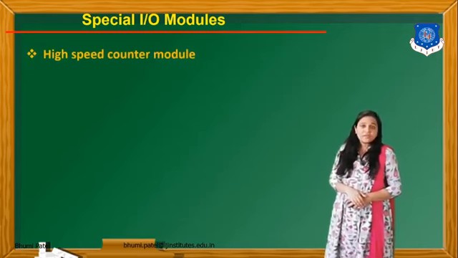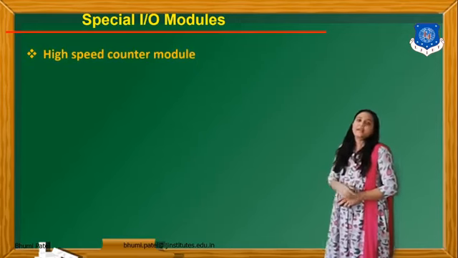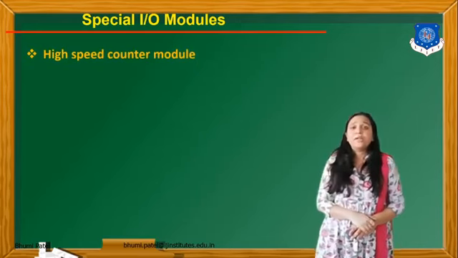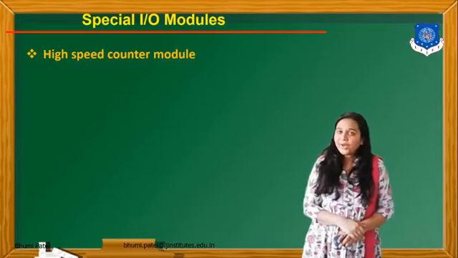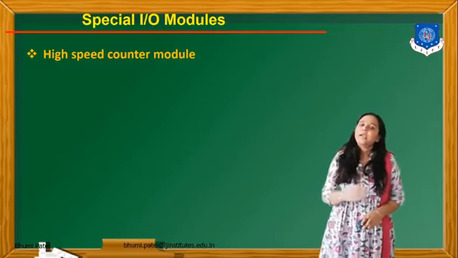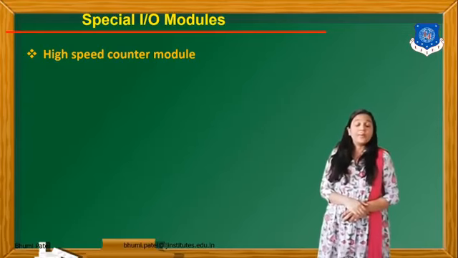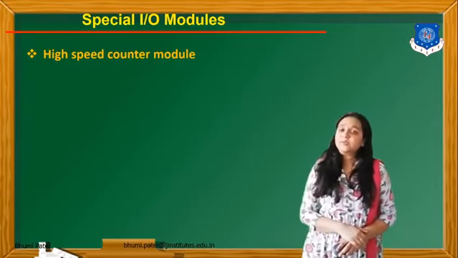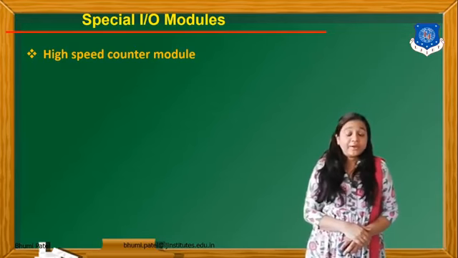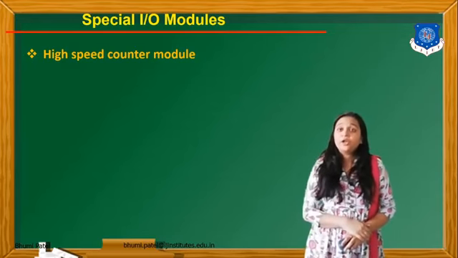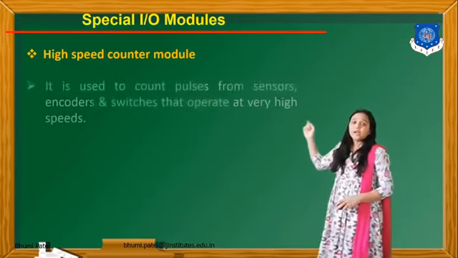The first one is the high speed counter module. Generally, we can connect up counter and down counter in the PLC hardware connection. But for some special or specific requirement, it requires a high speed counter. So this is the high speed counter module.